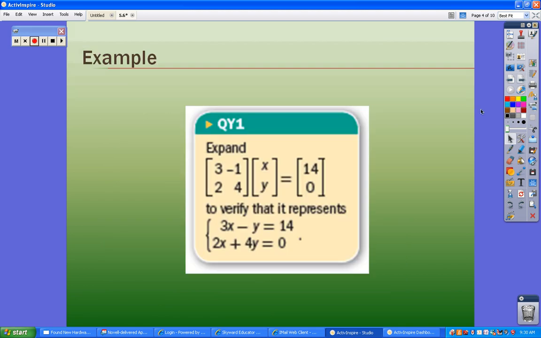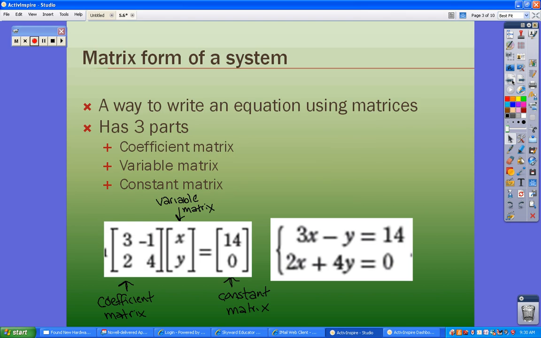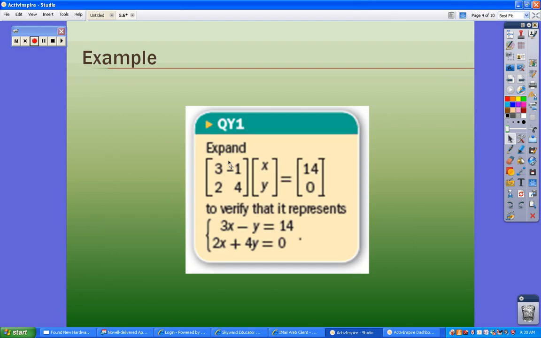Okay, so let's look at this. Go ahead and expand this to verify that it represents the following system. Is that the same one that I just did? Yeah. Again, you take the 3 times and the -1 times the x and the y. And usually when we do this, it would be 3 times x, and then you'd add the -1 times y, and it will equal this top number.